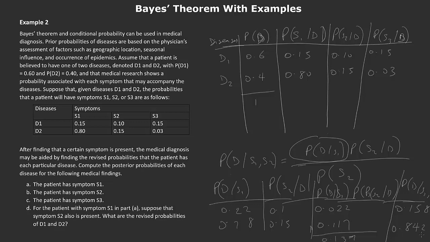So this is now the revised probability, given that symptom 1 and symptom 2 have been detected. This is a very interesting way you can apply Bayes theorem in the medical field.